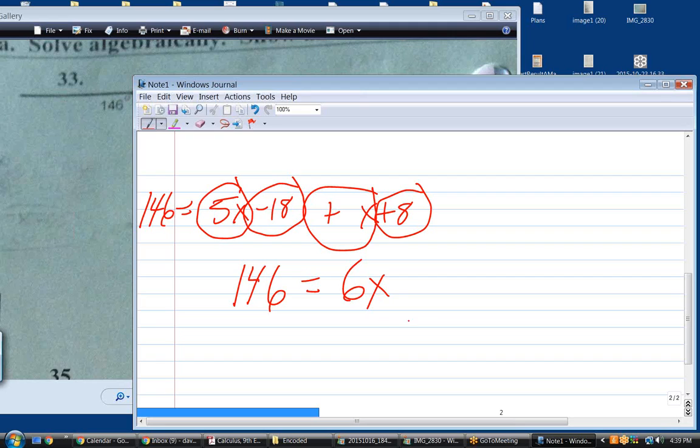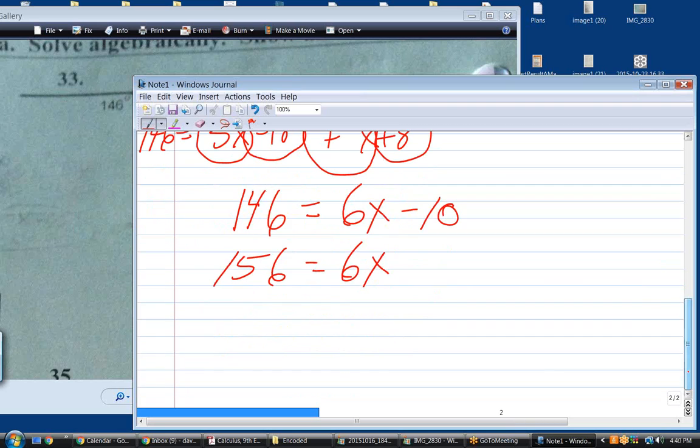That would be negative 10. Now what? And you add 10 to each side. So we get 156 equals 6x. And then you divide. 156 divided by 6 is 26. Okay.